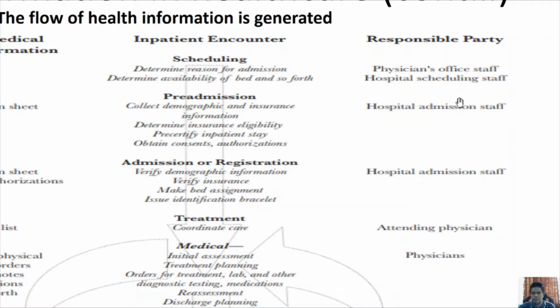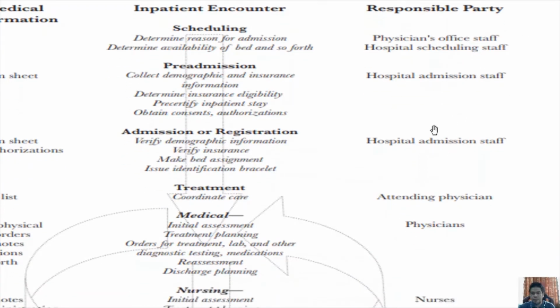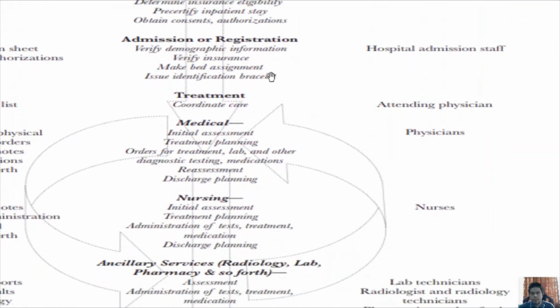So these are hospital admission, the registration department or admission counter. And then when you are admitted in the hospital, one or two doctors will be assigned to you. They call it the attending physician.